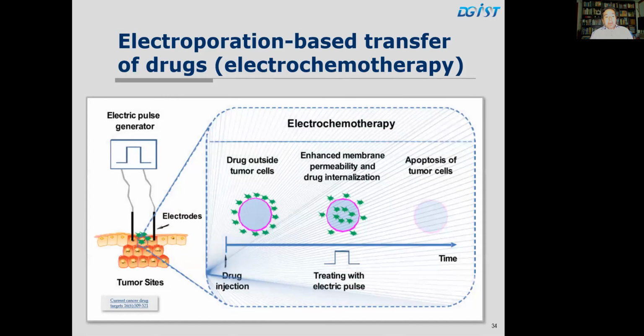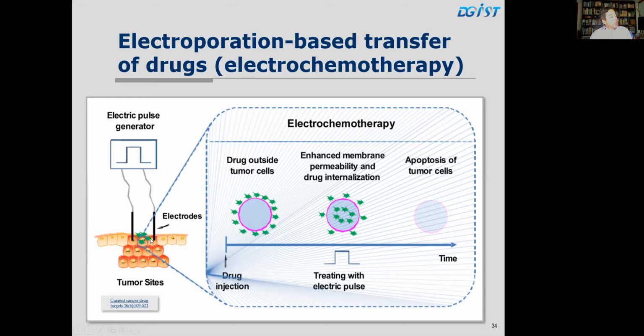So our last topic for today is going to be about electroporation-based transfer of drugs, electrochemotherapy. We have a tumor, and we need to get a drug into the tumor. And you have, of course, the cell membrane around the tumor. So you inject the drug, but the drug does not get into the tumor.